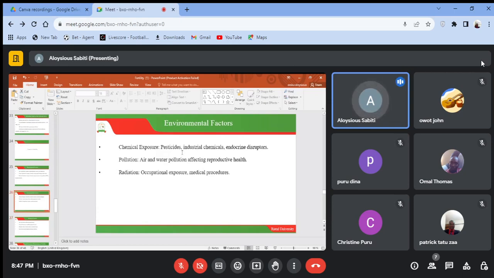Then we have environmental factors such as exposure to chemicals, pesticides, industrial chemicals, endocrine disruptors. But also we look at pollution of the air and water. We look at radiations, especially occupational exposure and medical procedures.